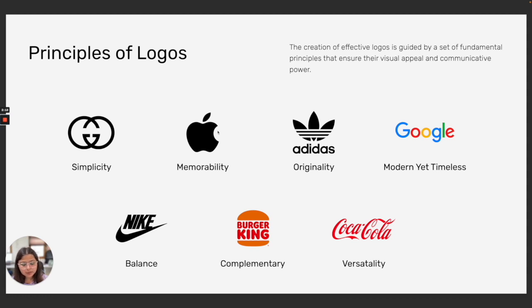It should complement your brand and it should be versatile so it helps your brand to explore various categories. Like every logo here, which you can see on the screen, is simple, easy to recognize, original, modern, yet timeless, visually balanced, complements their brand and is versatile.